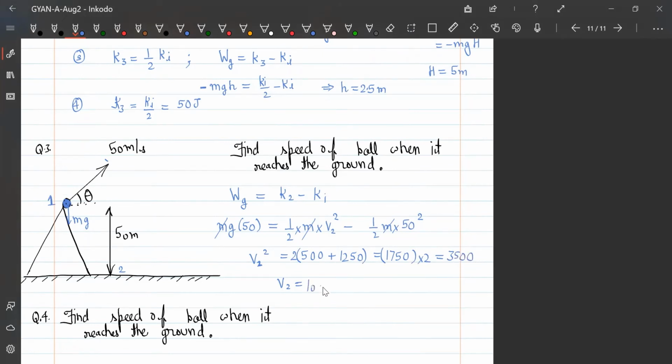That will give you 10 root 35. 3500 का रूट आ रहा है क्या? So root 35 will be approximately 5.9 or 5.8. So 58-59 meter per second आ जाएगा.